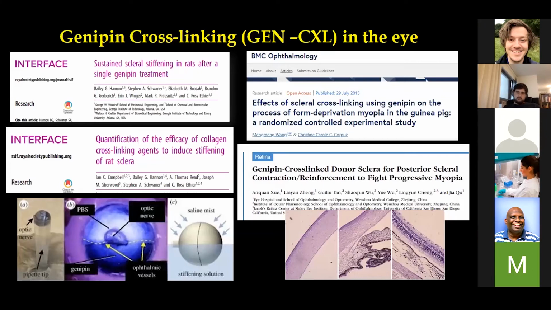The application of genipin in the field of ophthalmology is rarely found. However, the successful application of genipin to strengthen the biomechanical properties of the sclera of the eye has been reported, in order to prevent myopic progression, basically.